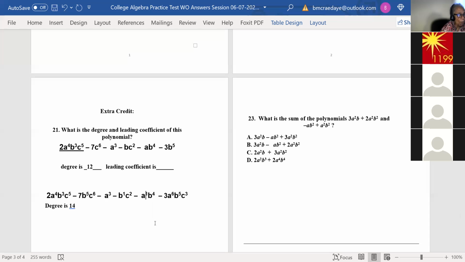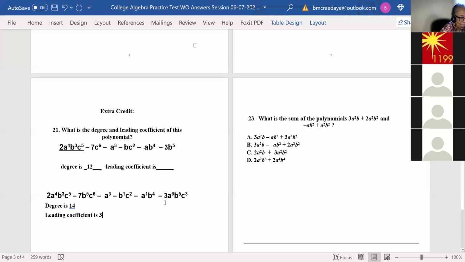Now the leading coefficient is the coefficient in front of the expression that has the degree, and that would be the 3. So leading coefficient is 3, because 3 is the number in front of this expression.